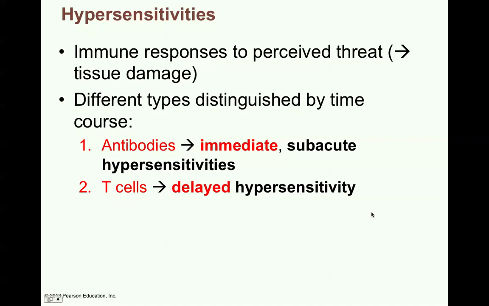So that's when the body encounters something that normally is not going to cause a disease, but once the body becomes exposed to it, in response to some type of substance, the body will begin to produce antibodies. That causes an immediate hypersensitivity. And then if the body is activated to produce a T cell response, that's called a delayed hypersensitivity.